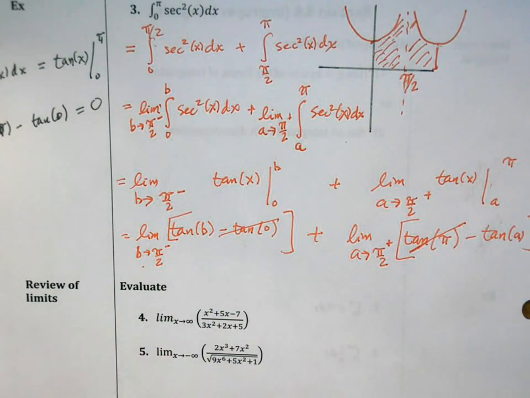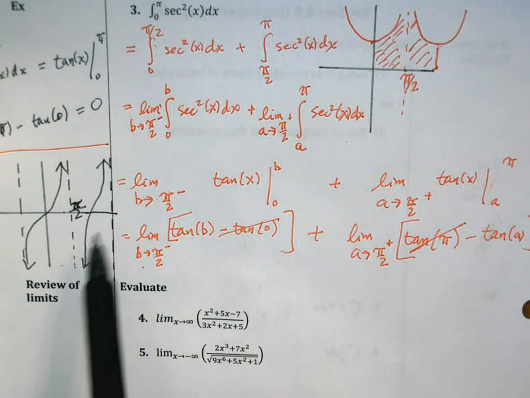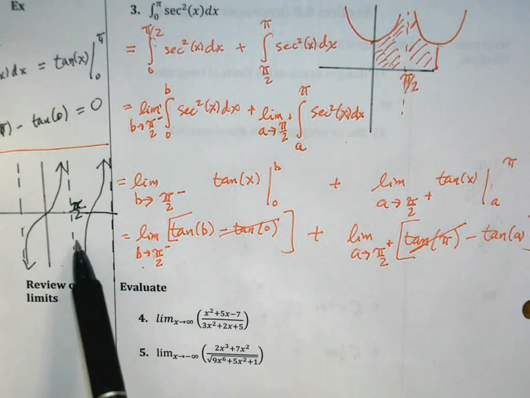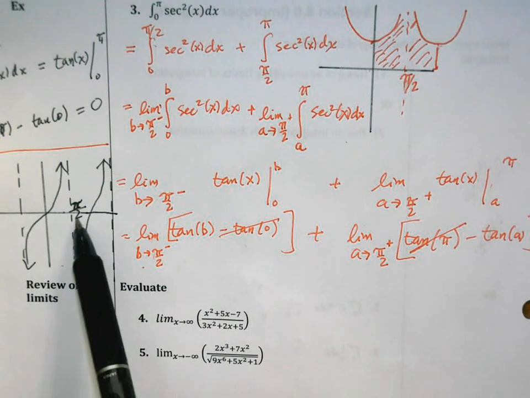So let's think about this, and you can also look at a graph of tangent to ascertain our answer. The graph of tangent, if you recall, is periodic, and it looks like this. I have just sketched in the part that we're really interested in. You can see here, this has a bunch of vertical asymptotes.